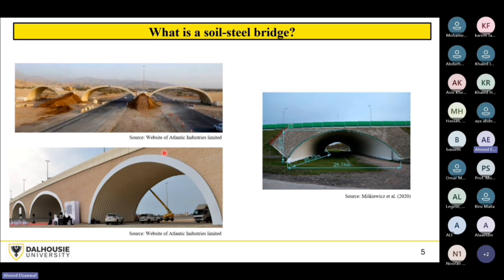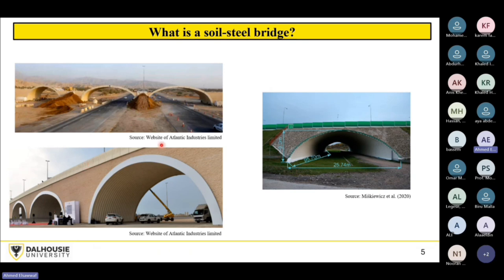About 20 years ago, the largest soil steel bridge in the real world was about 10 or 11 meters. But right now, due to the advancement in the construction and the industry, we can see spans reaching up to 32 meters.